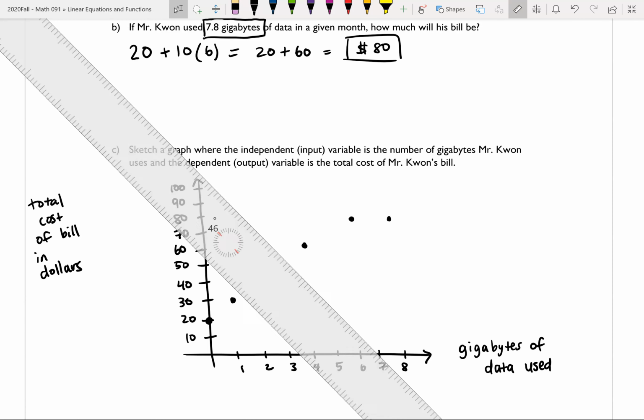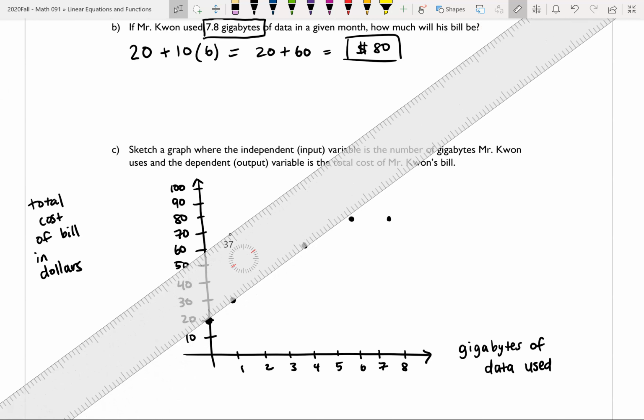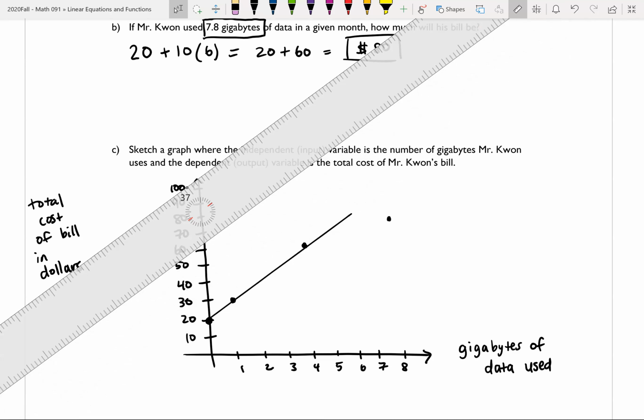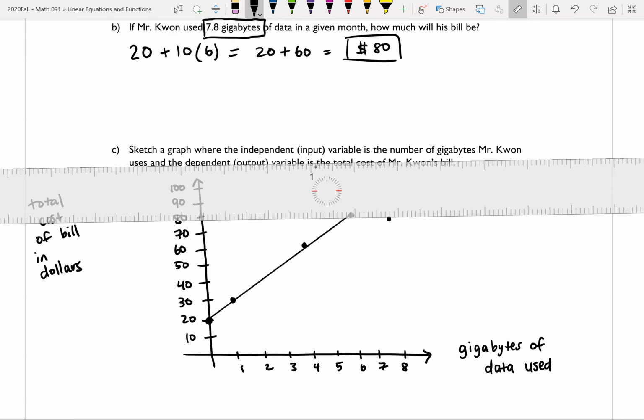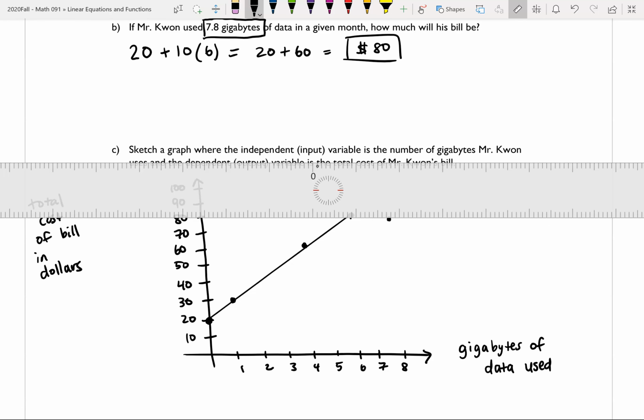So let's see that with our ruler. Okay, so our graph looks something like that up until we use 6 gigabytes. But then after 6 gigabytes, it just continues to be the same cost because they're not charging us anything additional for that data that we're using.